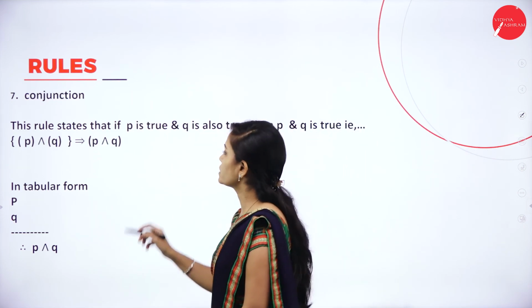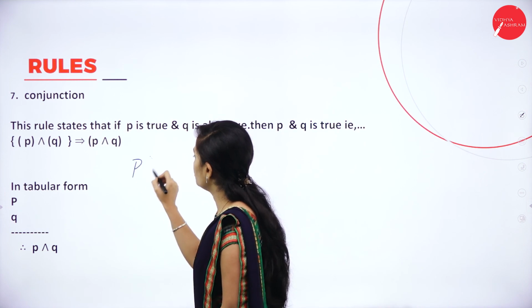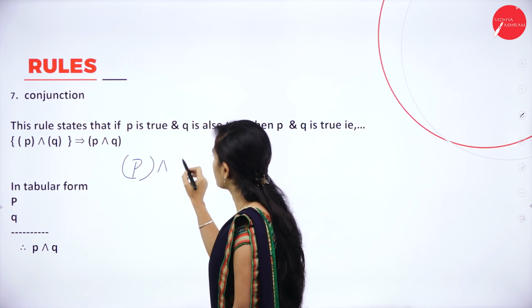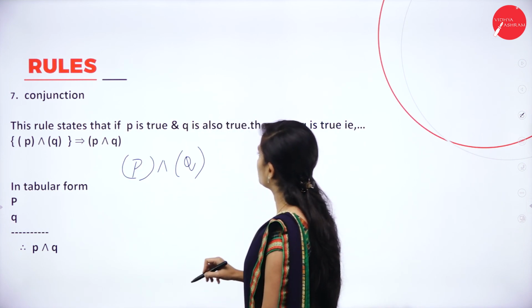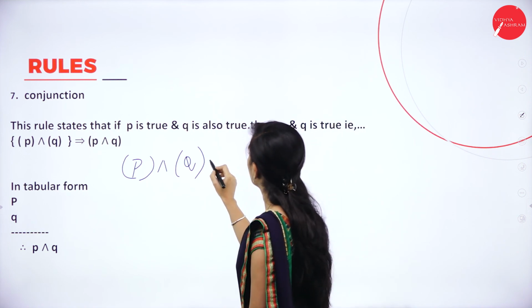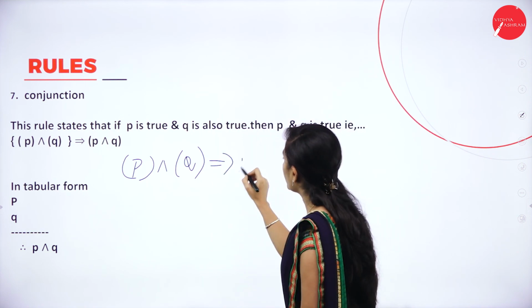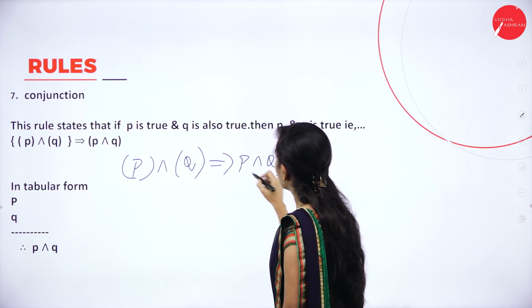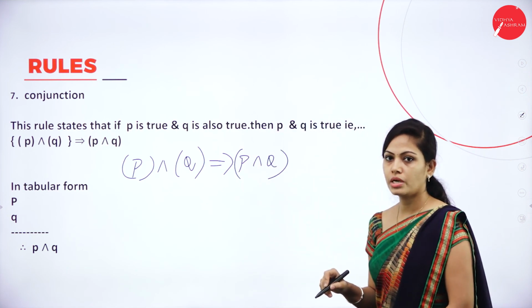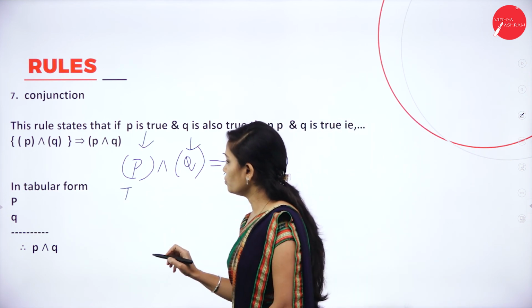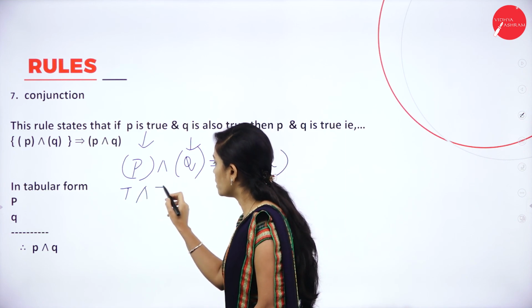This conjunction rule states that if P is true and Q is also true, then P and Q is also true. I'll repeat. If P is true and Q must be true.